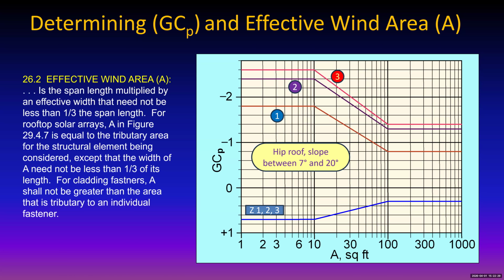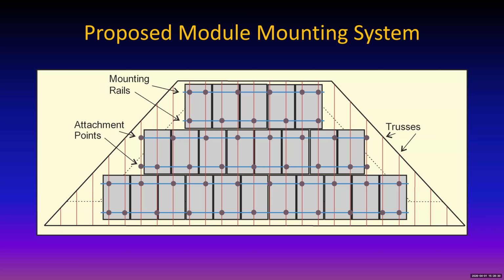All those things are required to know. There's a maximum cantilever allowed for most modules, typically somewhere 16 to 24 inches for a module that has a width of about 40 inches. Again, it depends on the zone on the roof, the wind speed, and the type of roof.